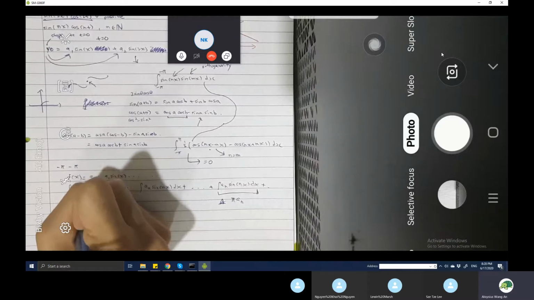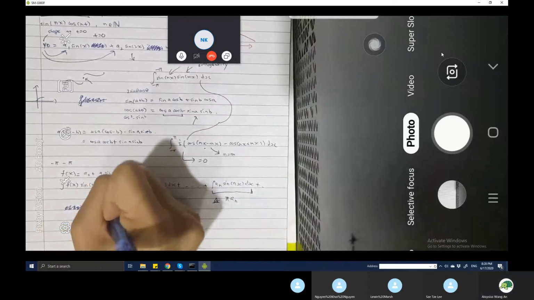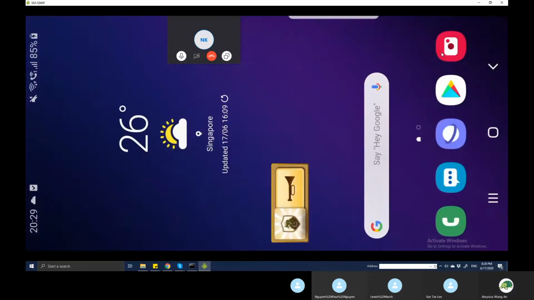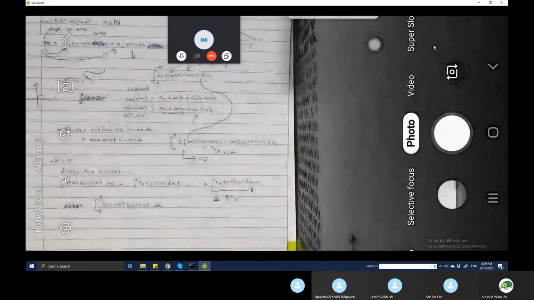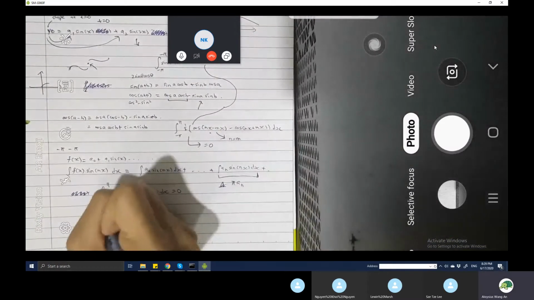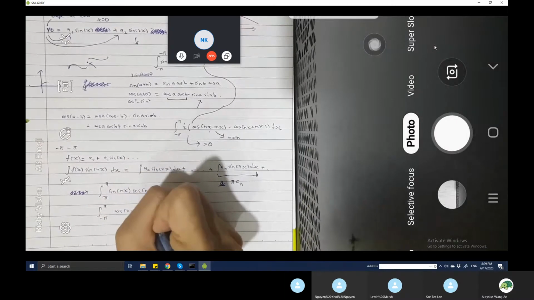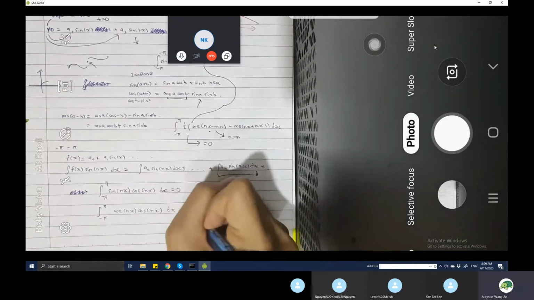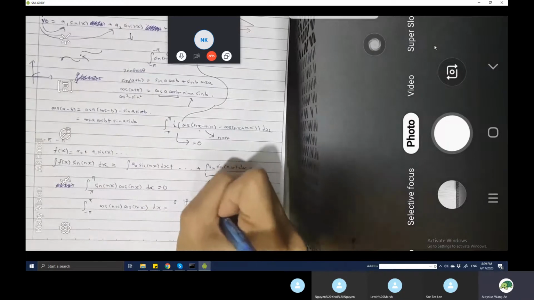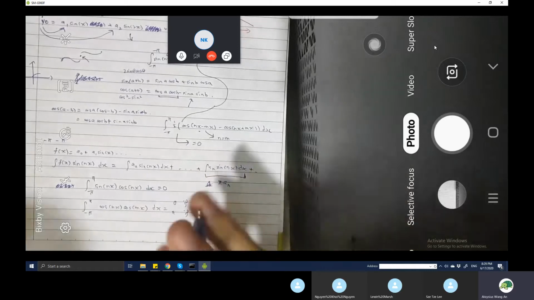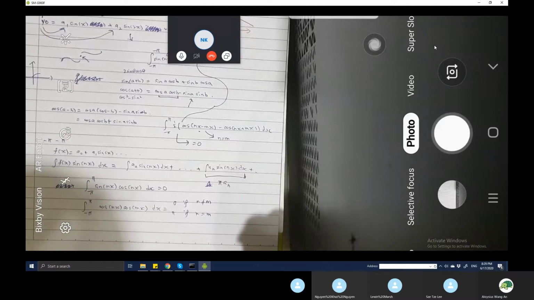So basically, this is always going to be equal to 0, and this is going to be 0 if n not equal to m, and pi if n equals m. I feel like it's not supposed to be pi. One.